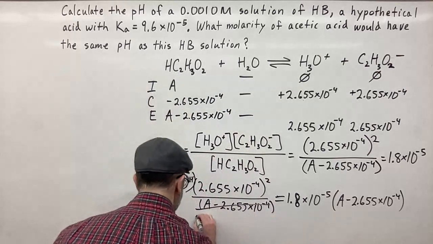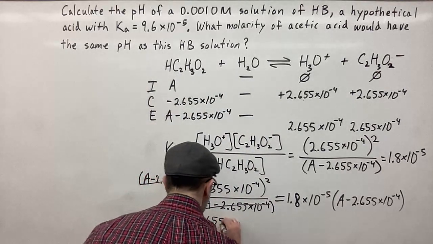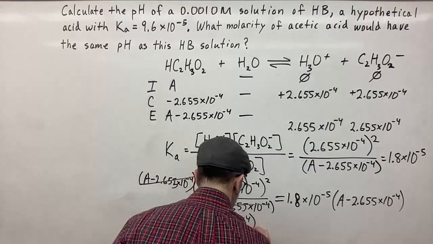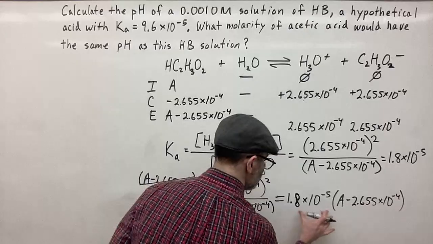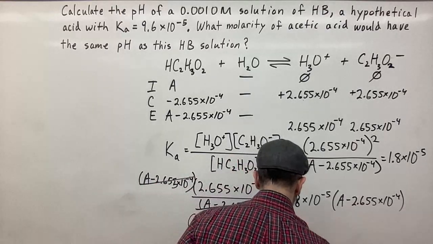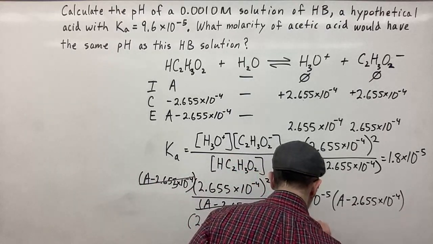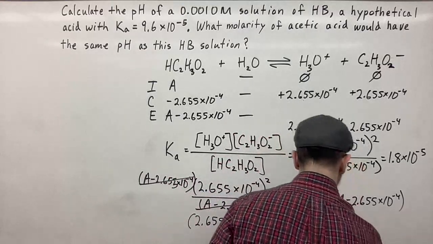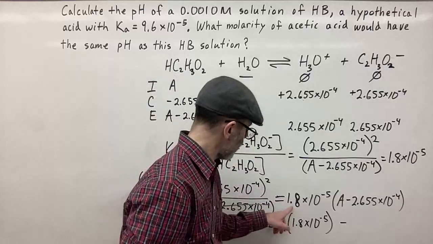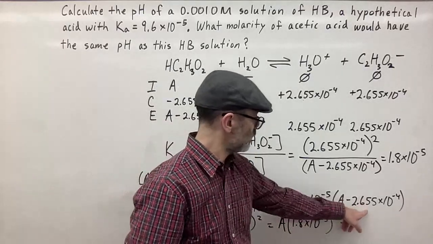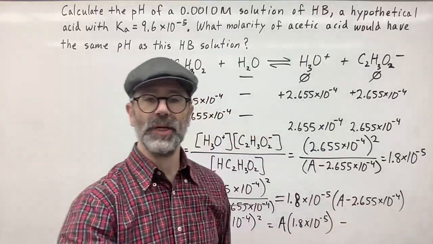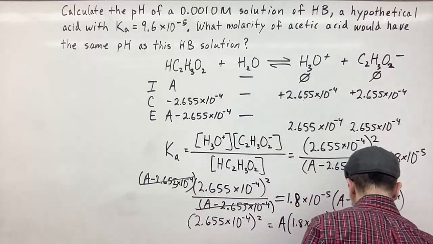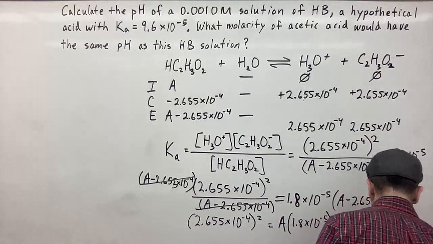So this ends up being 2.655 times 10 to the negative 4 squared is going to be equal to this times A. So we get A times 1.8 times 10 to the negative 5, minus, and then we multiply 1.8 times 10 to the negative 5 times 2.655 times 10 to the negative 4, and we get 4.779 times 10 to the negative 9.